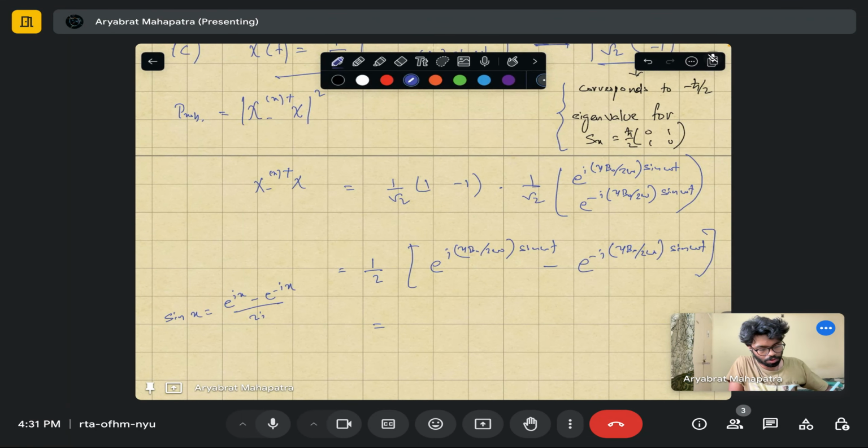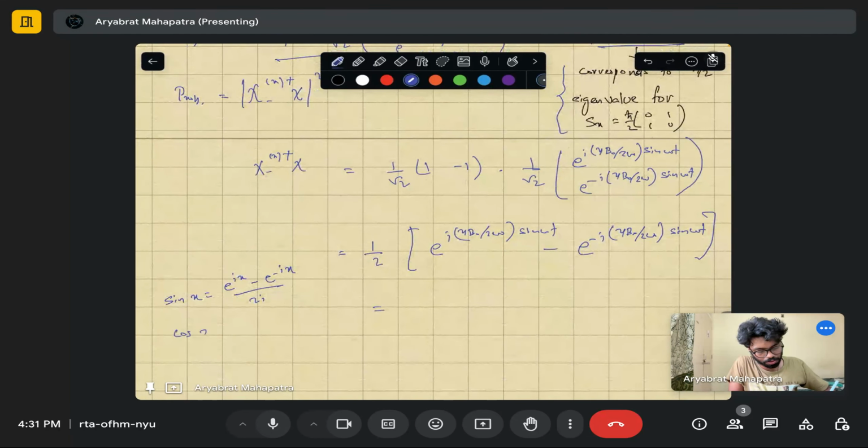This is the form for sine, and for cos you know this.